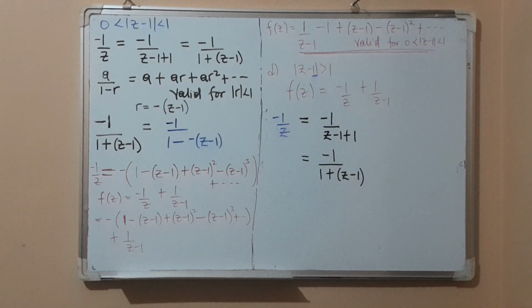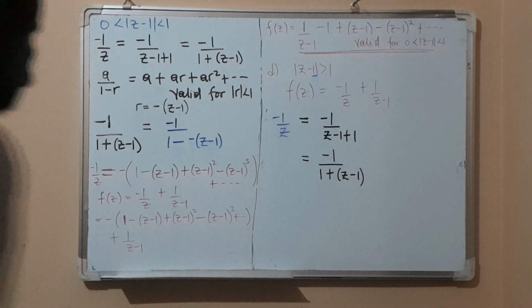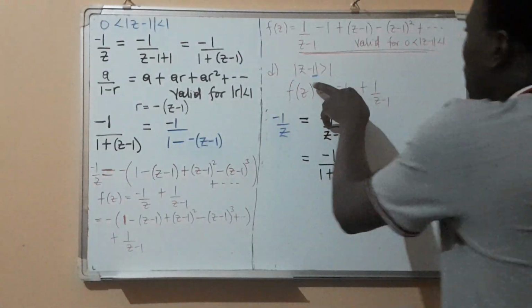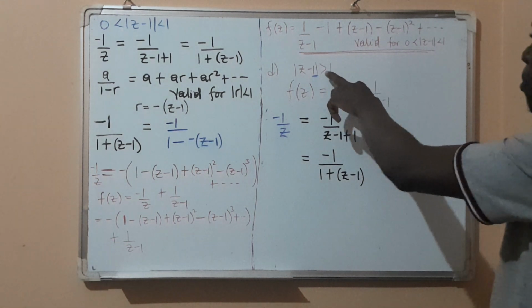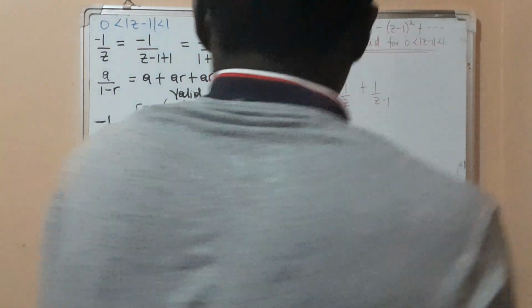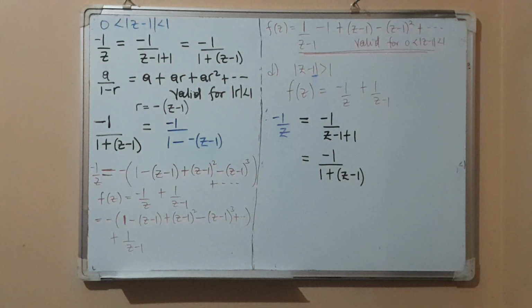From there, we need this interval. So somewhere we need to introduce a fraction, 1 over z minus 1, something of that sort. So what do you think we are going to do? We are going to put something outside.